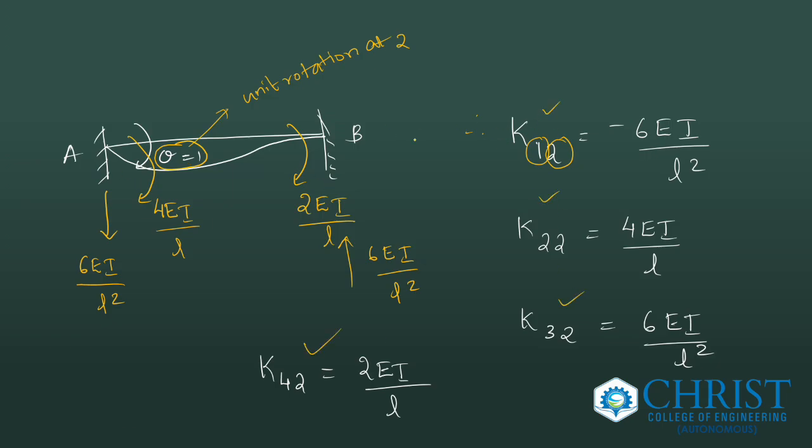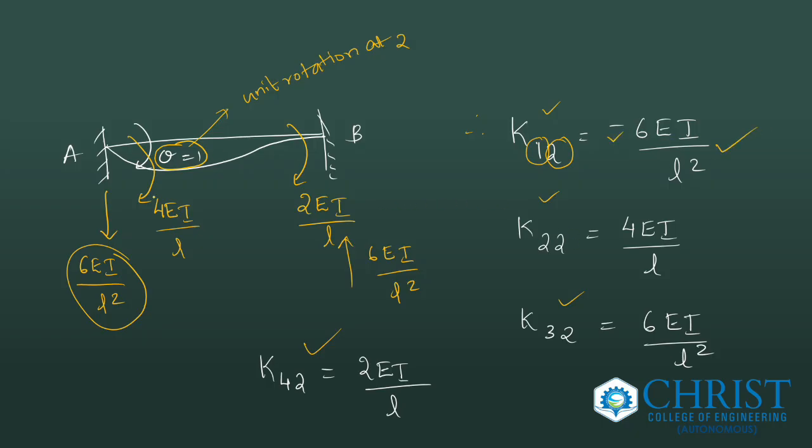So K12 is in the direction of first system coordinate, that is this one, right? That is translation. 6 EI by L square acting downward, but my first system coordinate is acting upward, hence a minus sign, then 6 EI by L square.